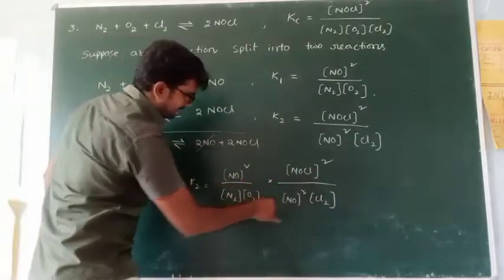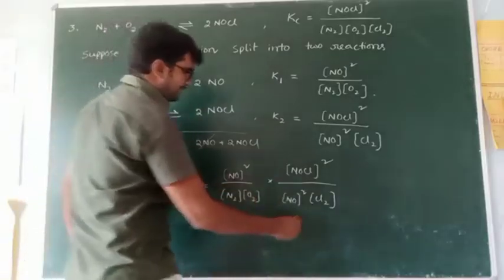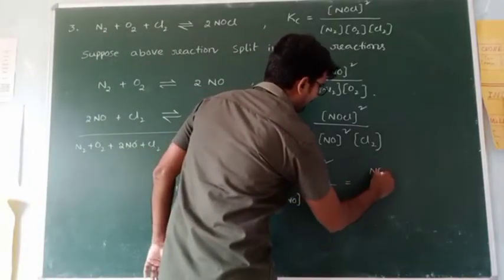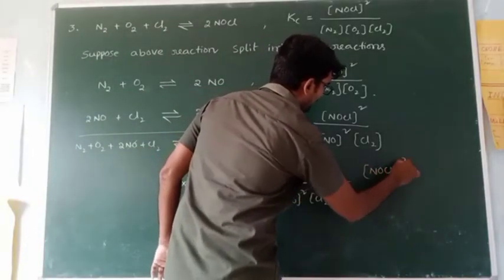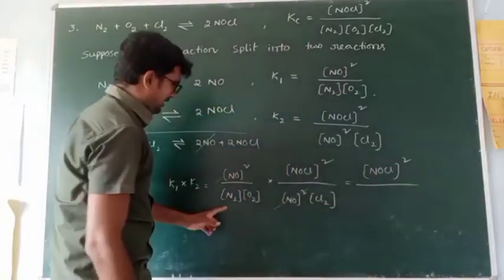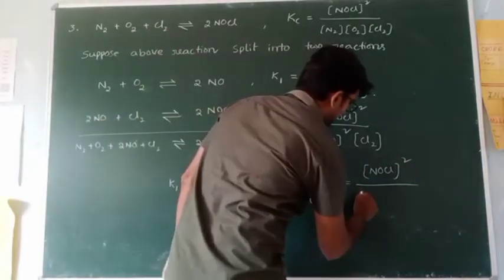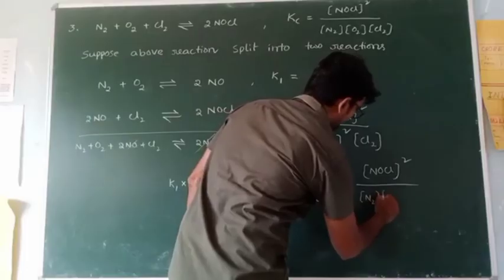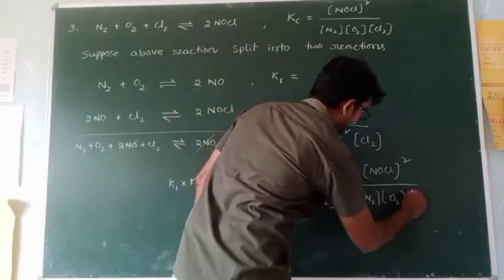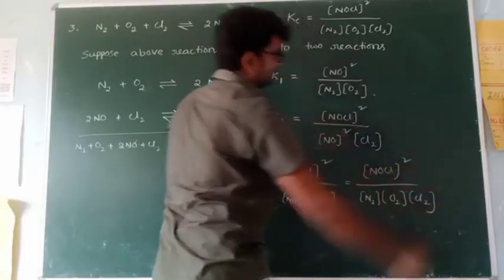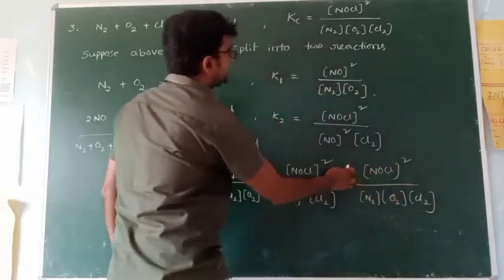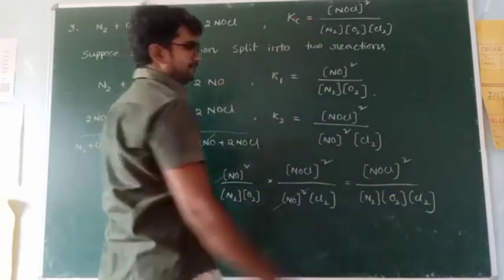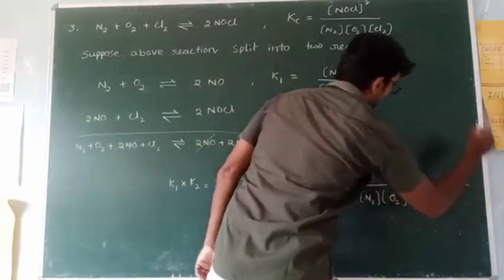These two are cancelled. Now what is present here? NOCl whole square by N2, O2, Cl2 concentrations. So this is equal to Kc.